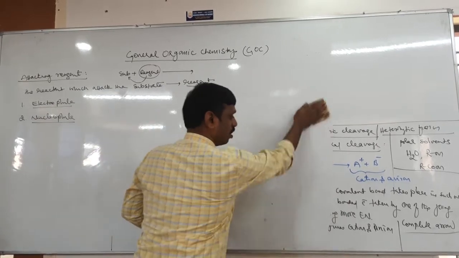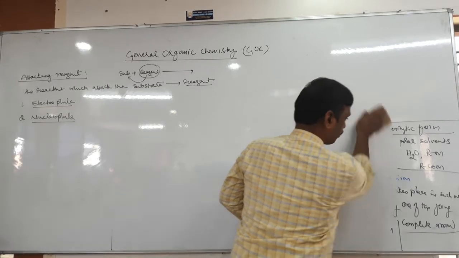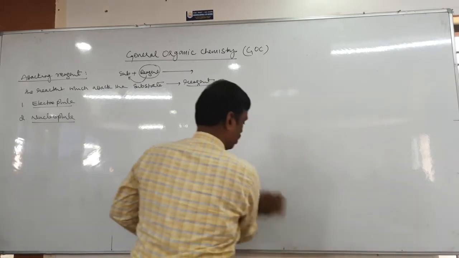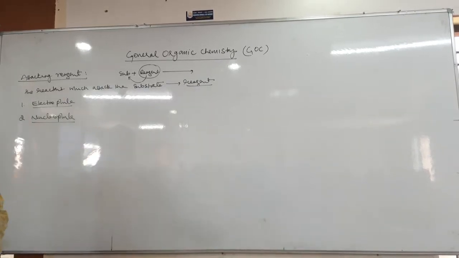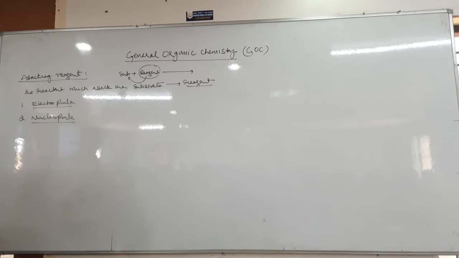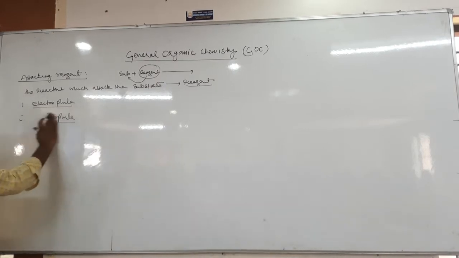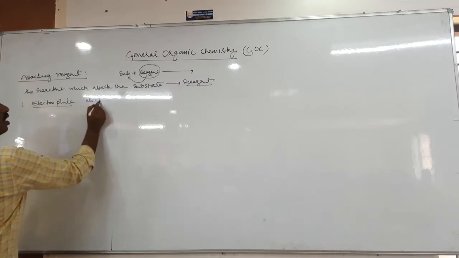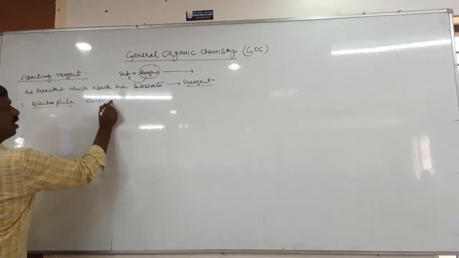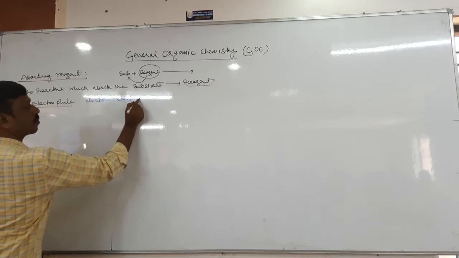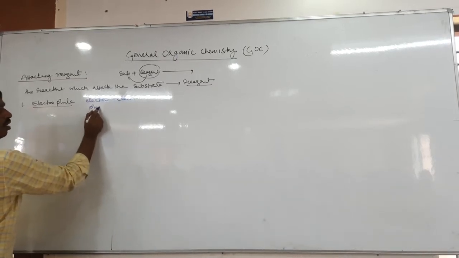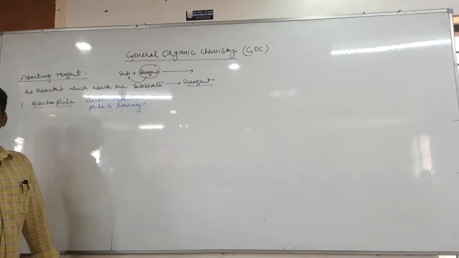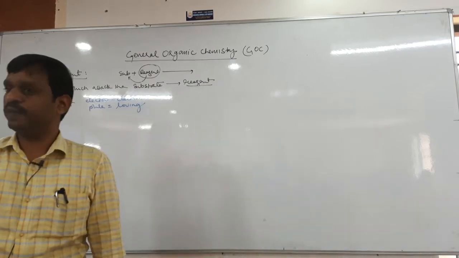Tell me, what is an electrophile? Electro means electron, phile means loving. So what are electrophiles? Electron loving species.